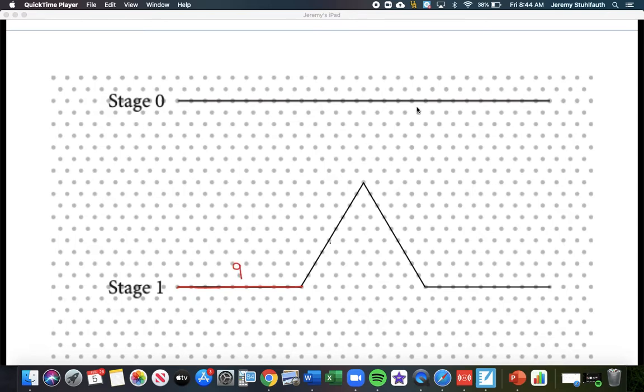Then you add in a bottomless triangle that has sides of 9 and 9, and then you have the rest of your base, which is 9 more units. So essentially you're taking stage 0, going 1/3 of the distance down the line, and then adding in a bottomless triangle that has the same length as this first piece.